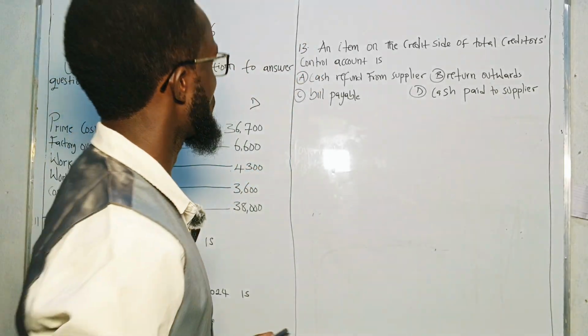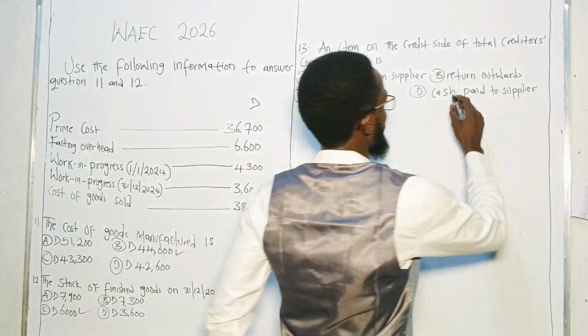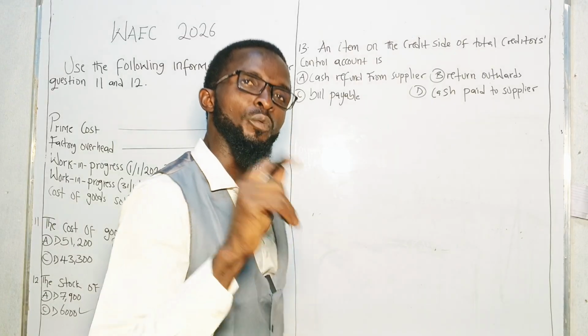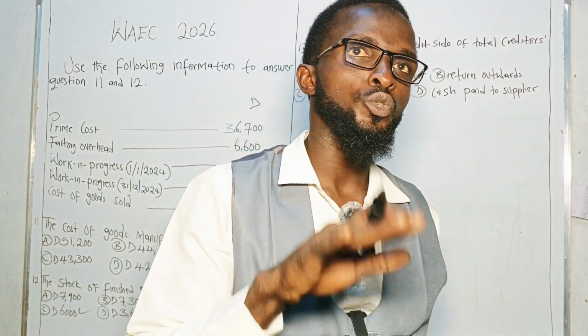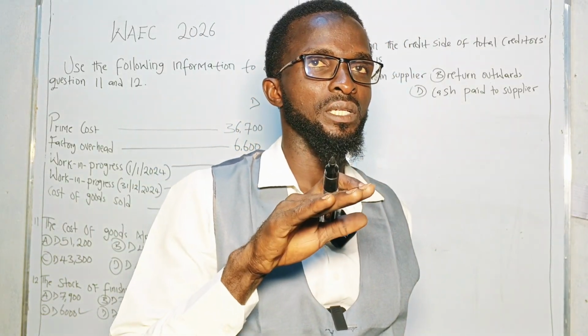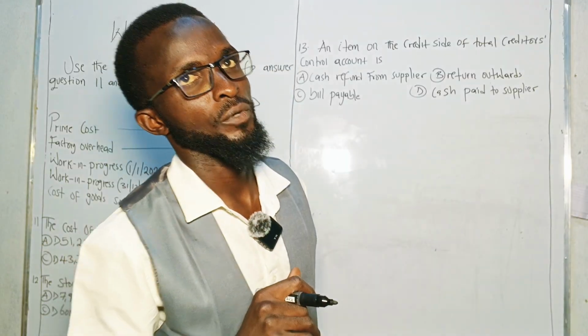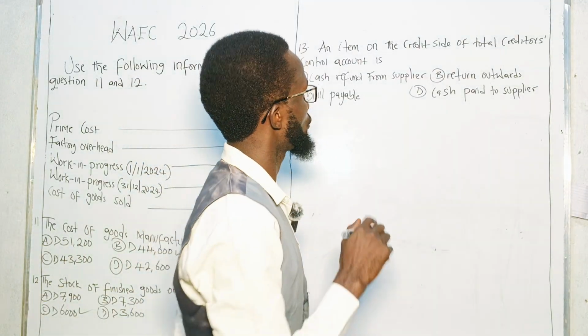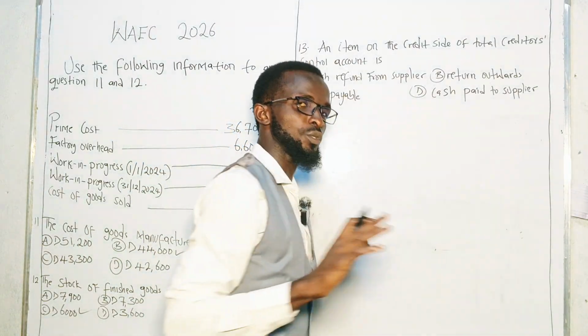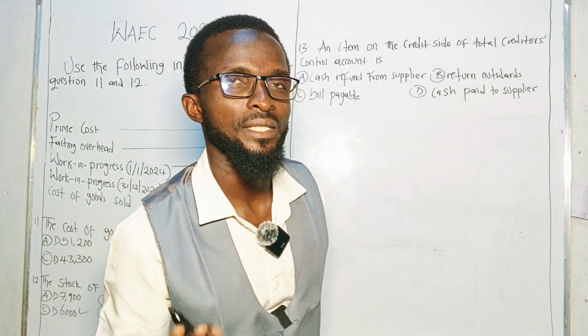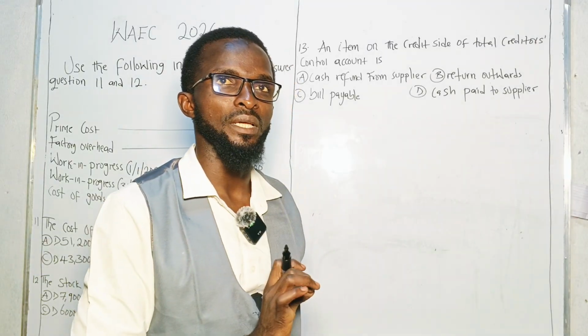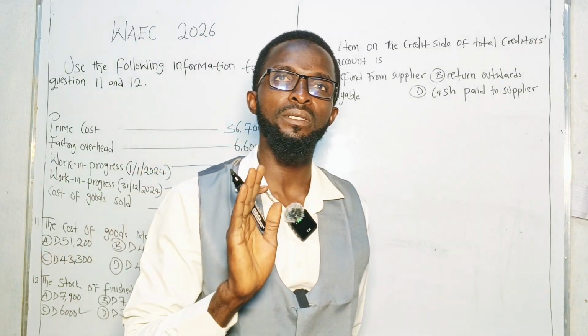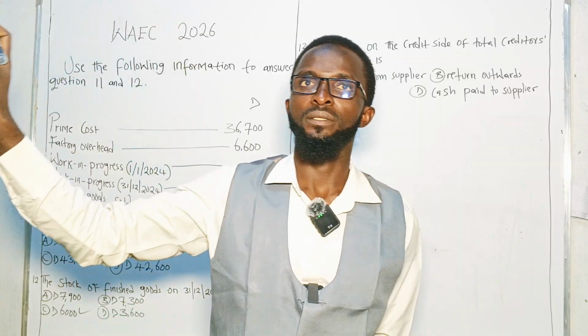So let's look at this. Cash paid to supplier. When we pay cash to a supplier, this reduces the burden of our debt from the supplier. So this one should be deleted, because whatever is going to reduce the debt, the burden, should go to the debit side. Whatever is going to increase the burden should go to the credit side.